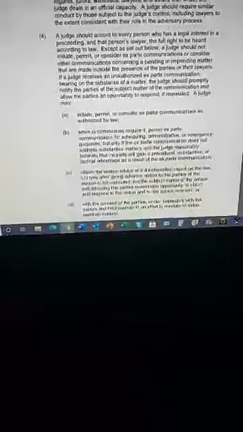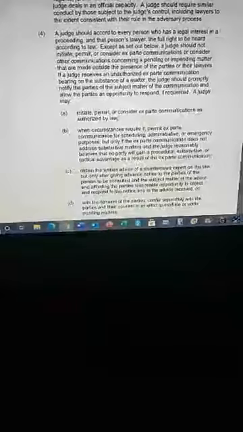When circumstances require, permit ex parte communication for scheduling, administrative, or emergency purposes, but only if the ex parte communication does not address substantive matters, and the judge reasonably believes that no party will gain a procedural, substantive, or tactical advantage as a result of the ex parte communication.